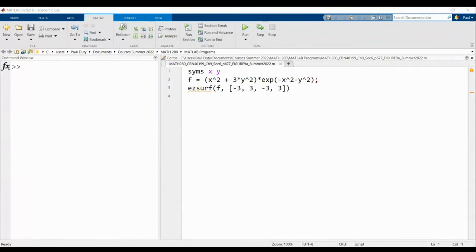So try it. How many of you are trying it now? I want you to try it. If you have MATLAB installed, is it bringing up exactly what you see here? It might look a little different, but are you seeing the program?